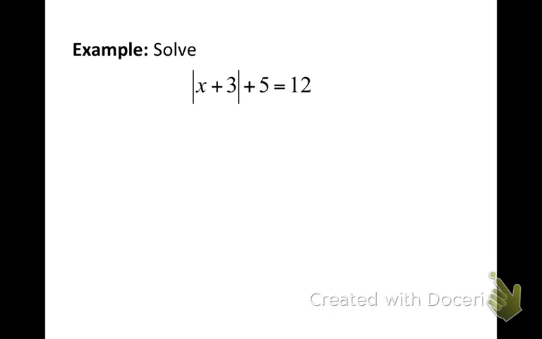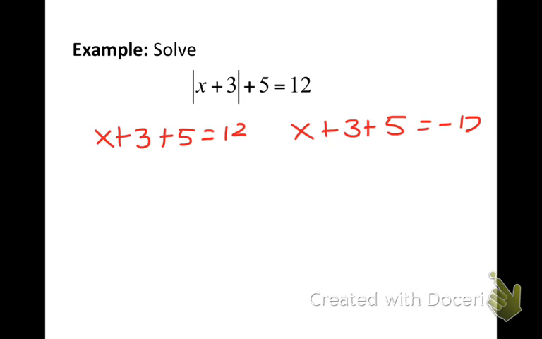Before you can split up your absolute value into a positive and a negative equation, you need to get this absolute value by itself. I'm going to show you the wrong thing to do. Don't put this on your notes. It is incorrect to say x plus 3 plus 5 equals 12, and then x plus 3 plus 5 equals negative 12.